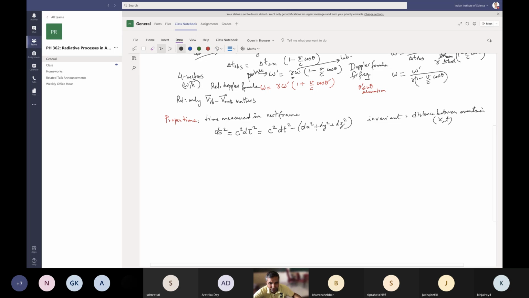And you can see if you put dx, dy, dz to 0, then d tau is equal to dt. This is called the proper time, the time measured in the rest frame of the particle where dx, dy, dz are 0. Things are measured at the same place, and d tau is a Lorentz invariant. It's the same whatever frame you are measuring in, because it corresponds to this interval.